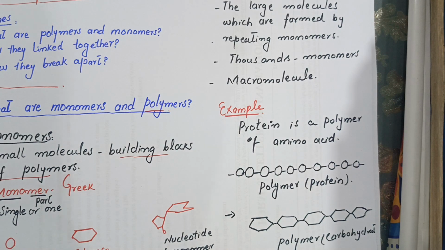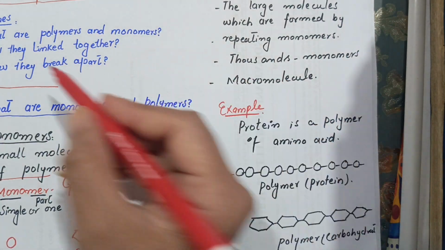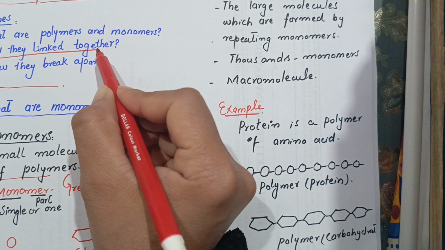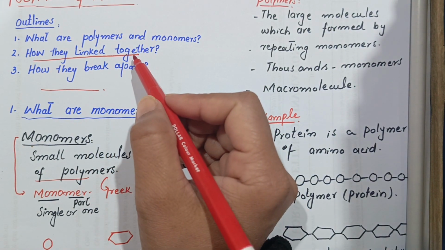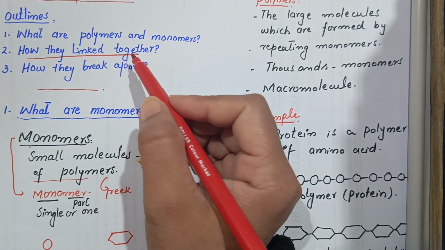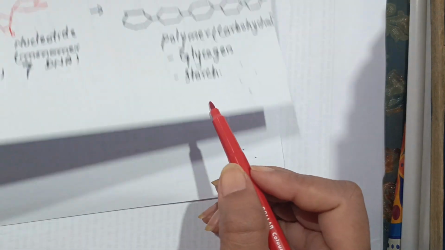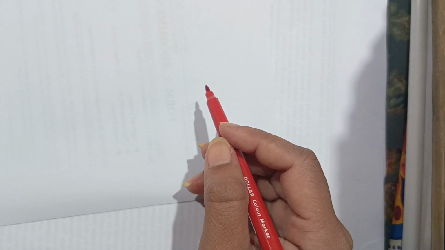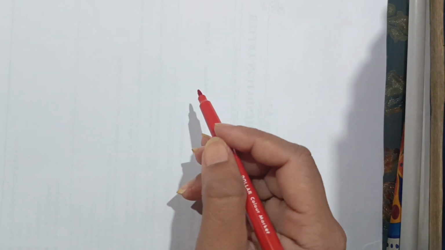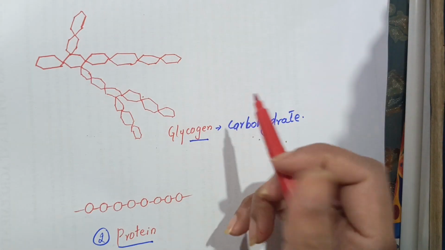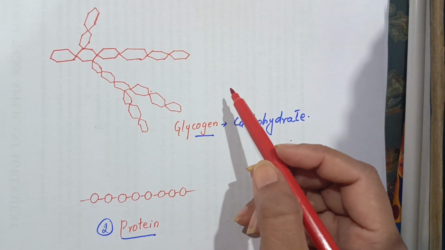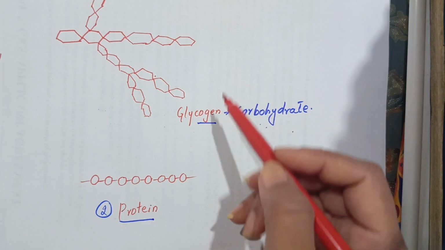Next we will discuss how these monomers are linked together, or how the bonds are formed between these molecules. For this, first we can see examples of polysaccharides.